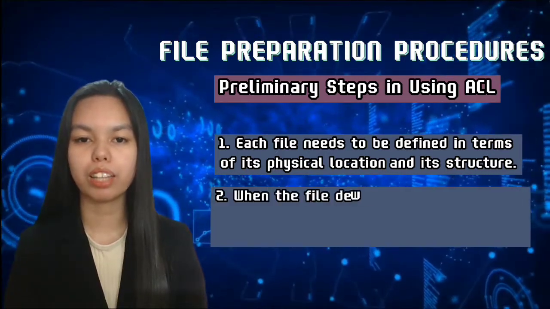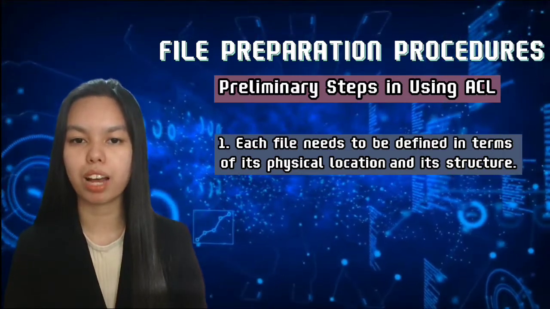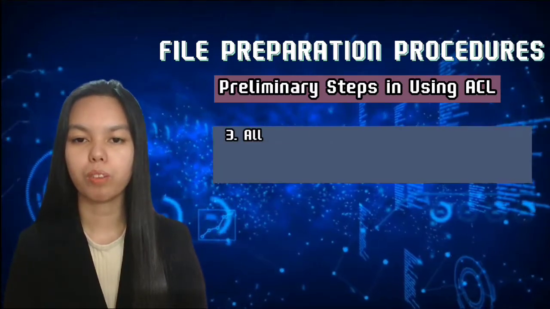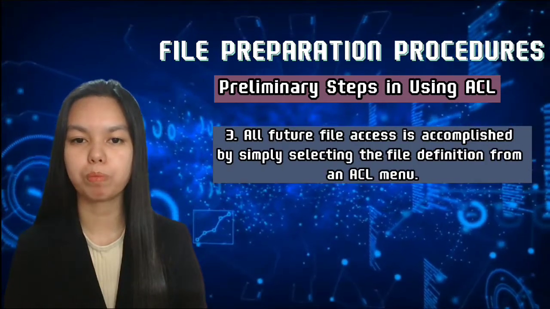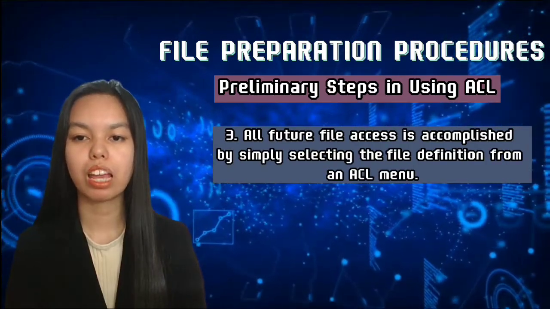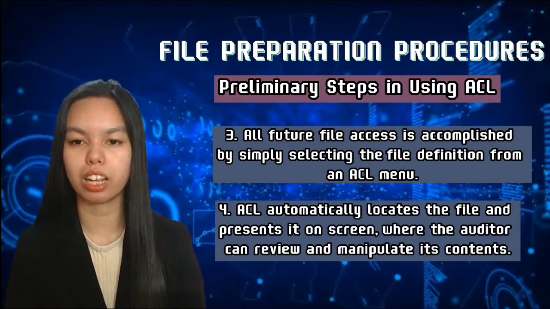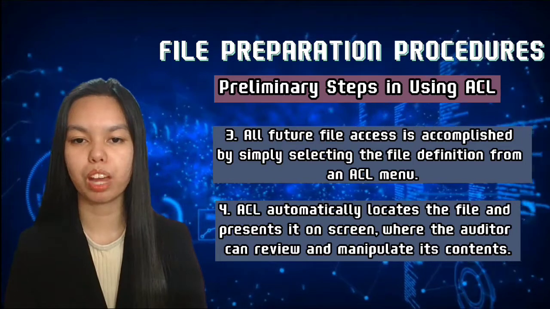When the file definition is completed, it is saved under a unique name assigned by the auditor. All future file access is accomplished by simply selecting the file definition from an ACL menu. ACL automatically locates the file and presents it on the screen, where the auditor can review and manipulate its contents.